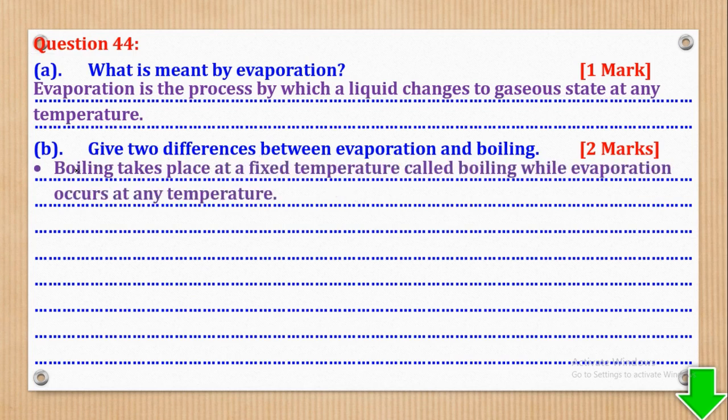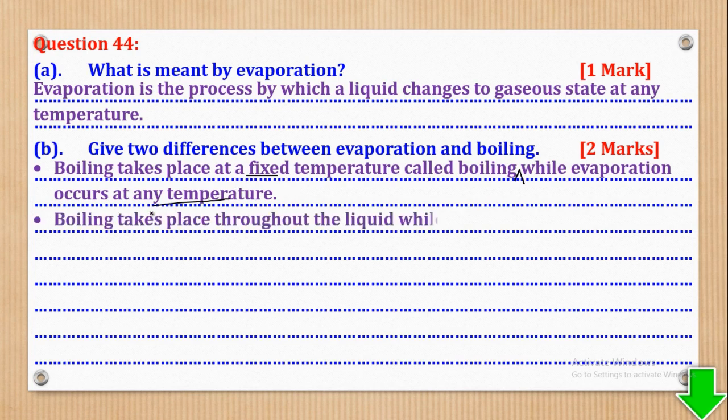So the first one is boiling takes place at a fixed temperature called boiling point, while evaporation occurs at any temperature. So you remember to add here the word point to make boiling point.